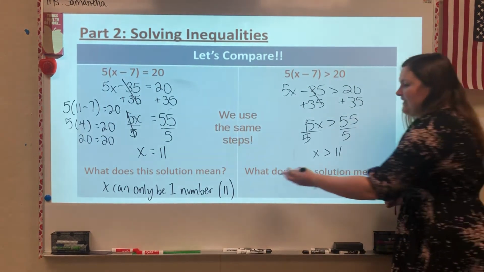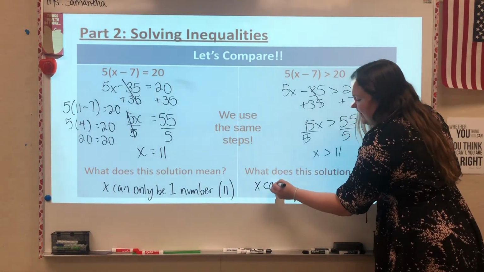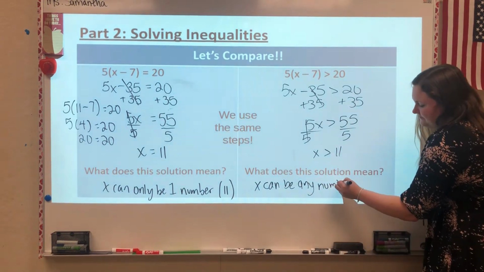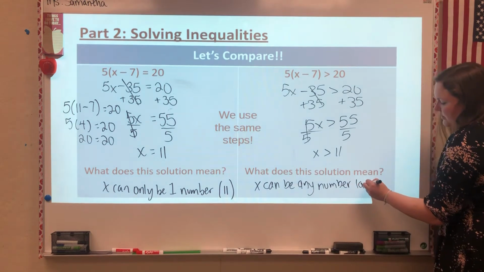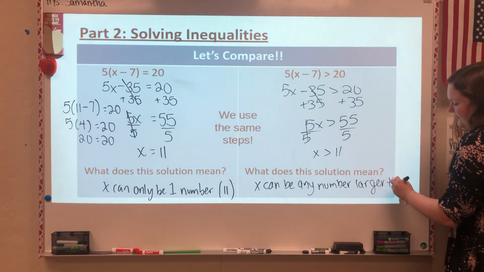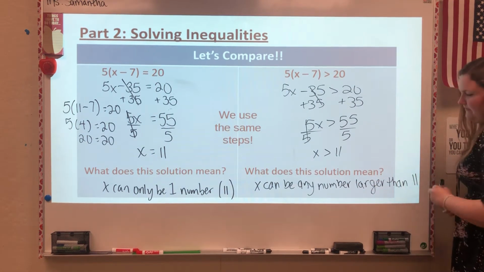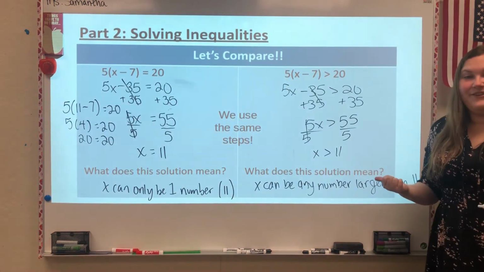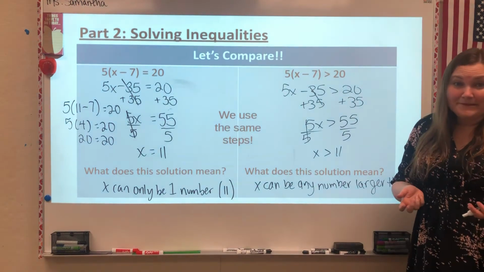Here, this is saying that x can be any number larger than 11. If I asked you how many numbers are larger than 11? Usually the answer I get in class is a lot.